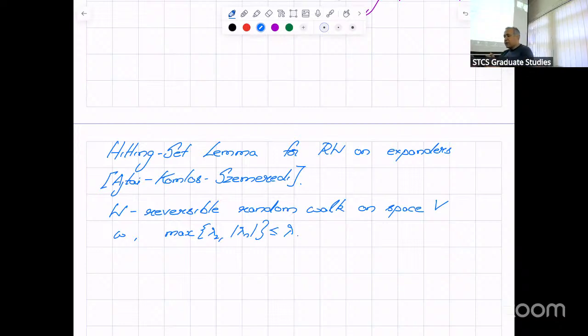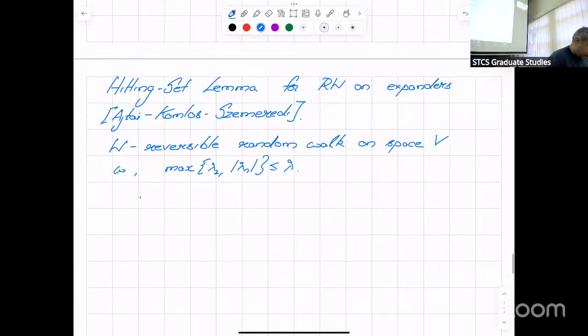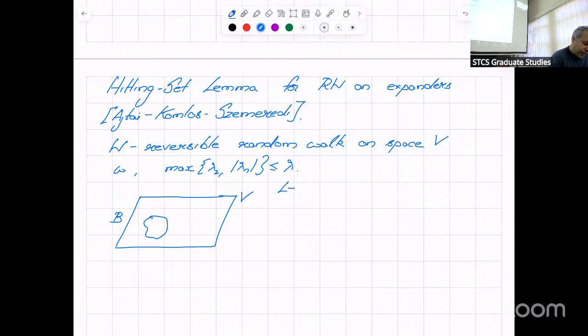You have a bad set B in the graph. This is the state space V. There is a bad set B. And let x0, x1, ..., xL be the L steps of a random walk.